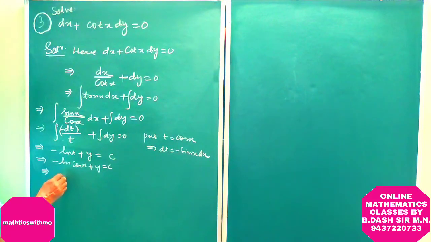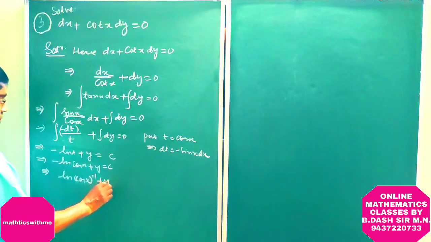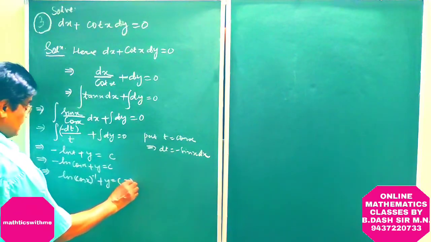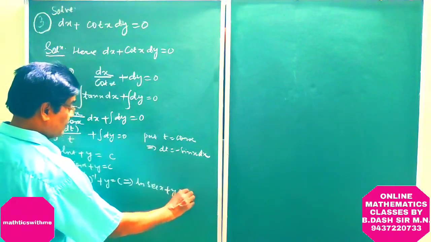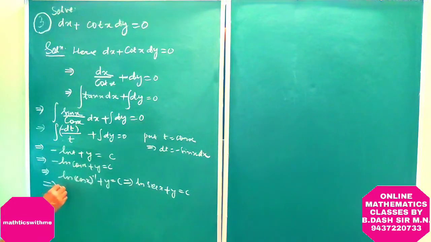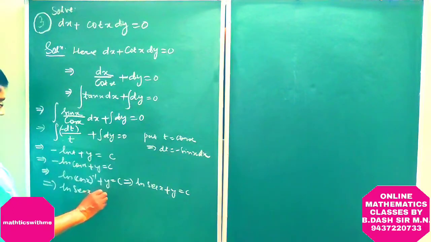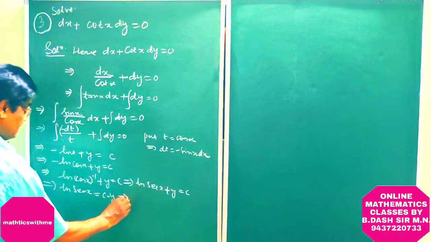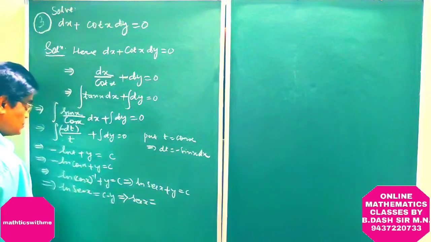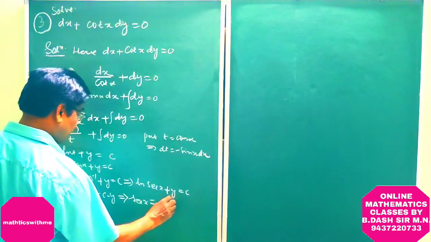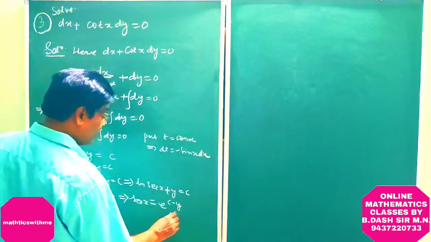This implies ln of cos x to the power minus 1 plus y is equal to c, implies ln sec x plus y is equal to c. This implies ln sec x is equal to c minus y. This implies sec x is equal to e to the power c minus y. Answer.